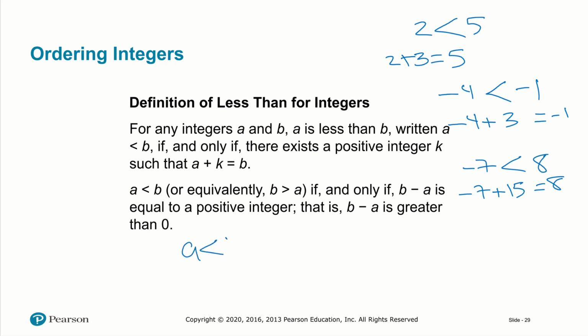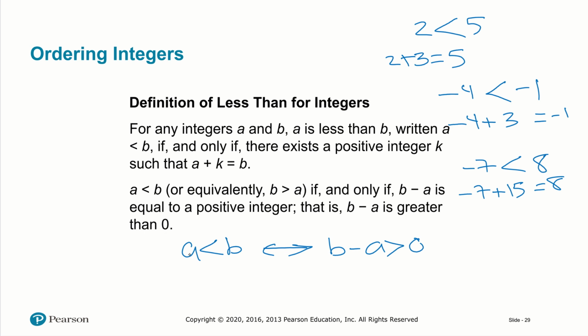So if you take the larger number and subtract from it the smaller number, you should get an integer that's greater than 0. Not greater than or equal to, but strictly greater than, right?